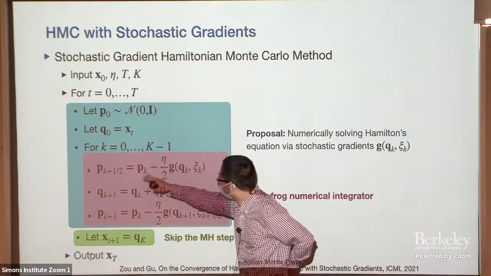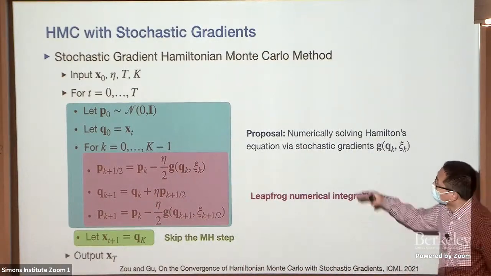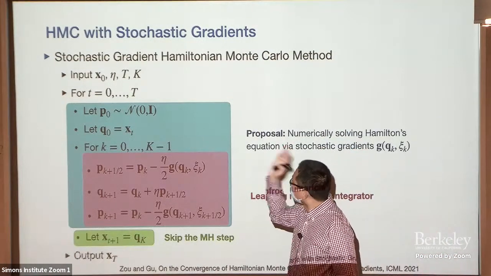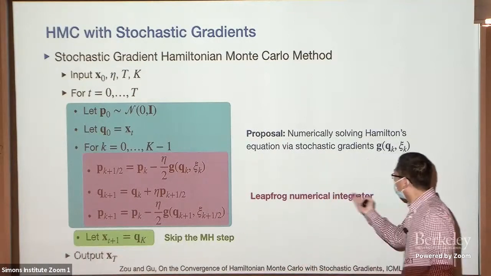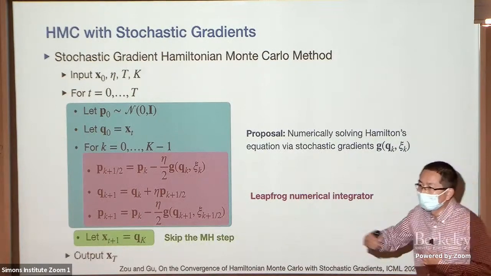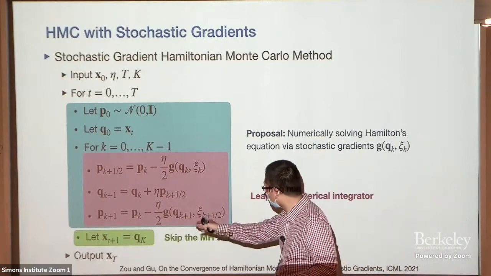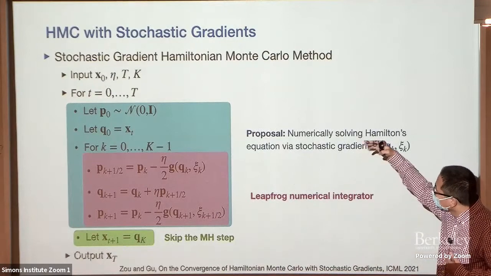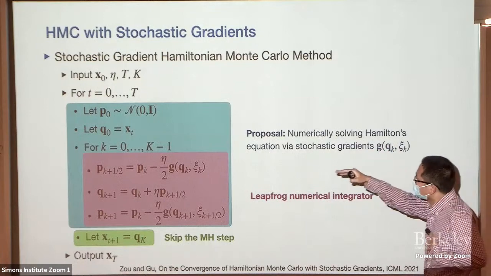The inner loop does the leapfrog numerical integration, and in the outer loop you keep generating a random velocity, and from the current sample x_t you do the leapfrog numerical integration for, let's say, K times, and then you assign the generated q_K to be the next x_{t+1}. So there are two indices: the outer loop is indexed by t, the inner loop is indexed by k.